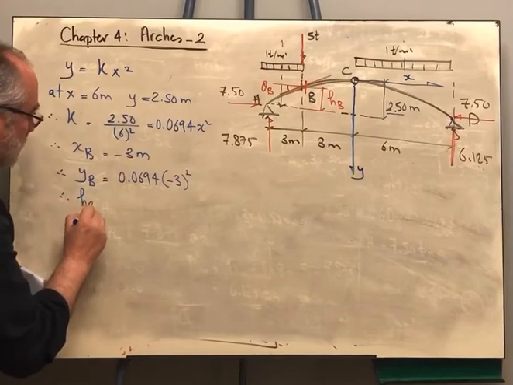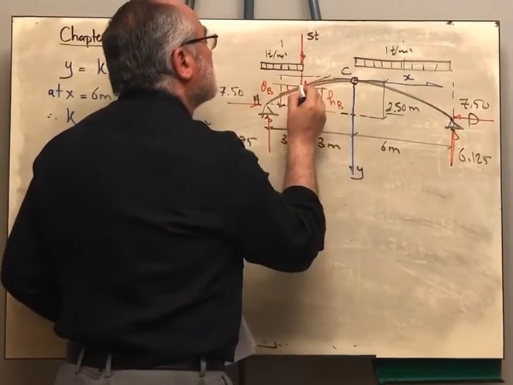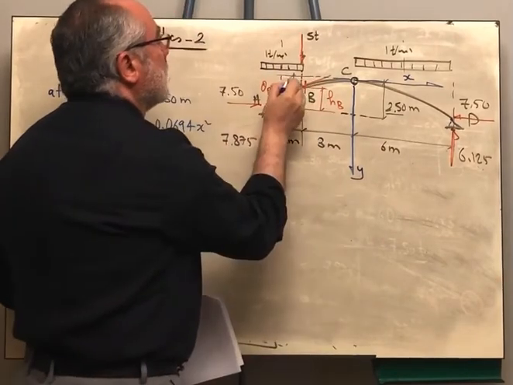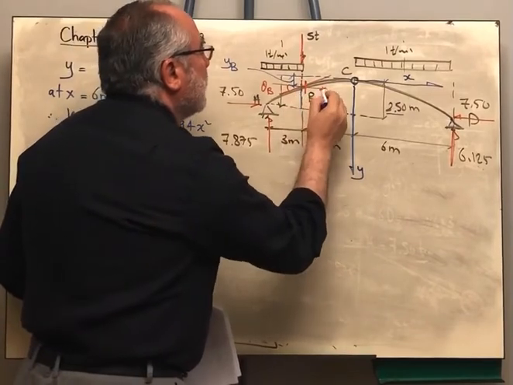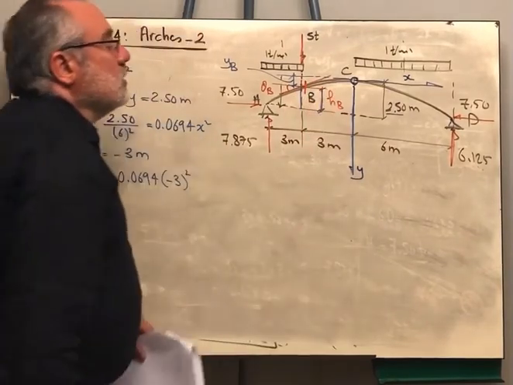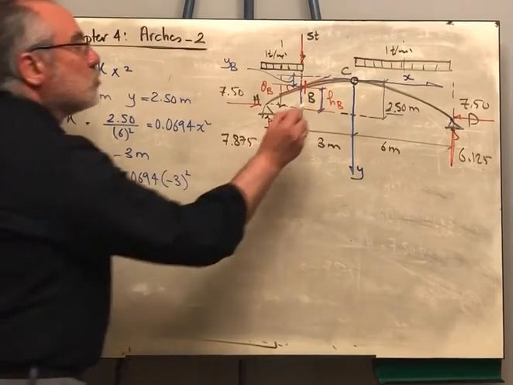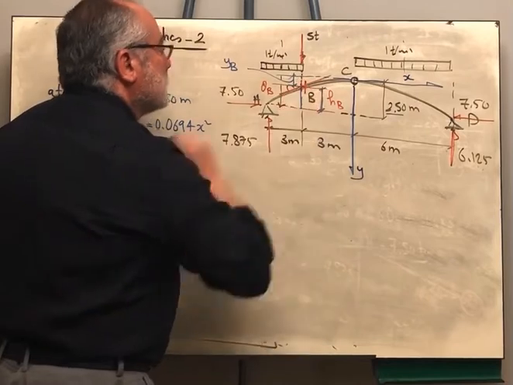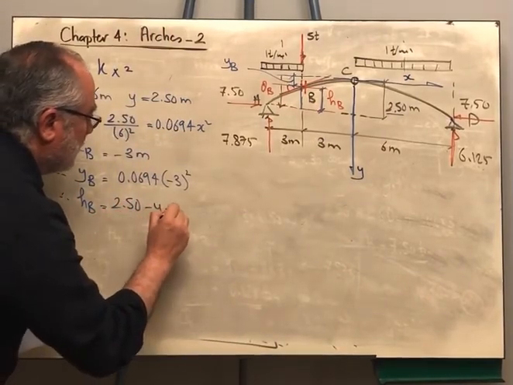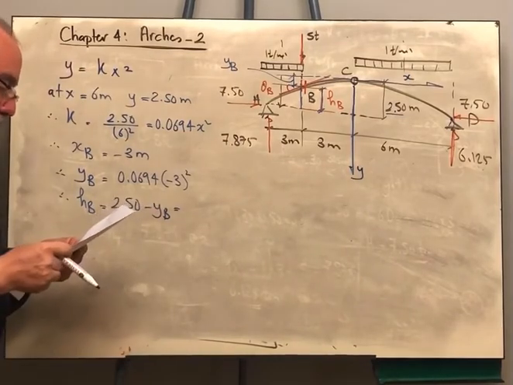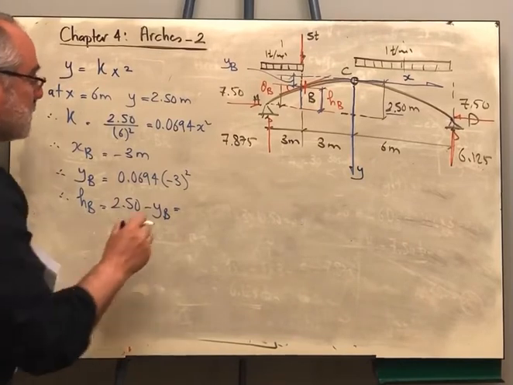What is yb? yb is this distance. But I need the value of hb, the height of point B measured from the level of the supports. So this will be 2.5 minus yb. If you did that, this will be equal to 1.875.